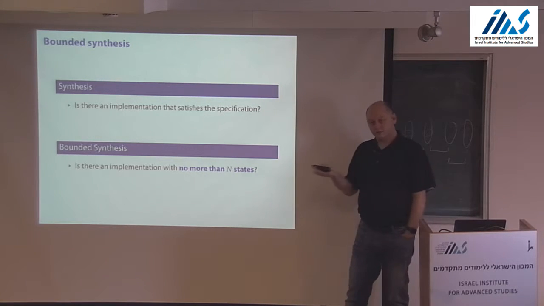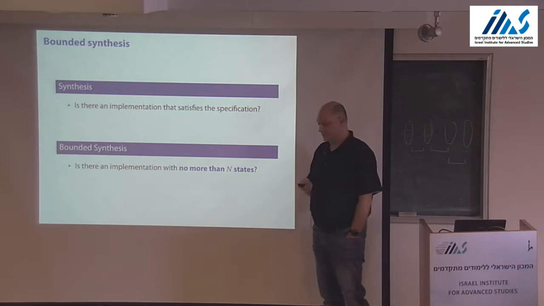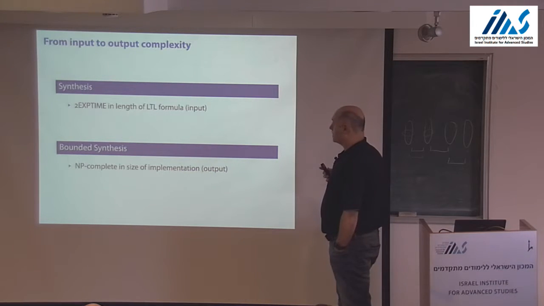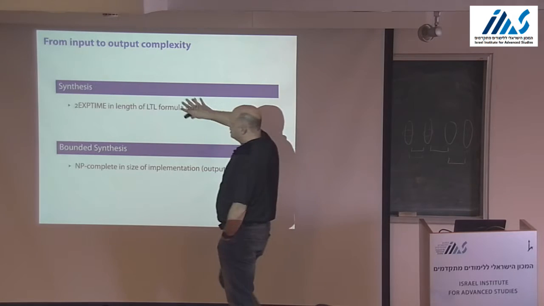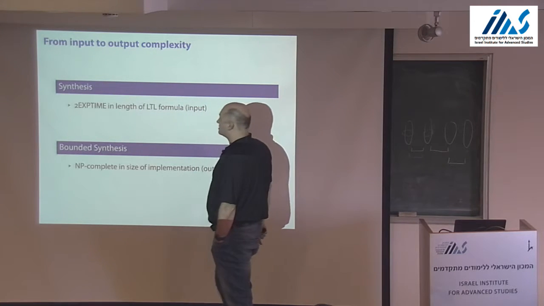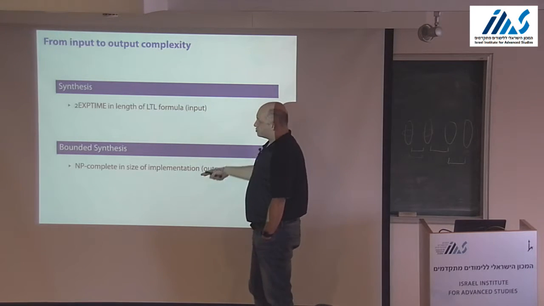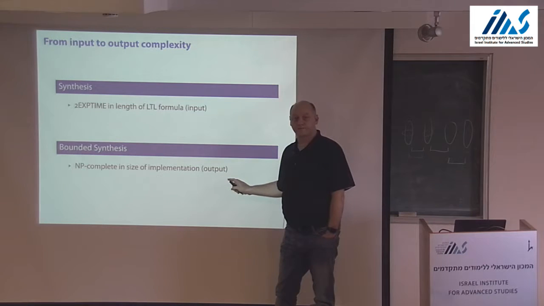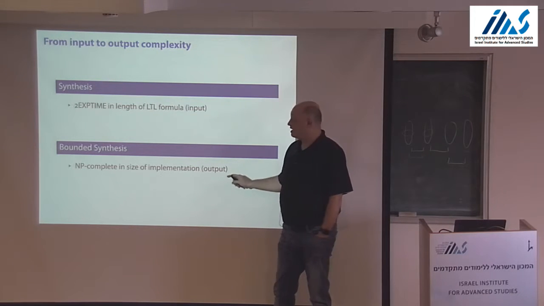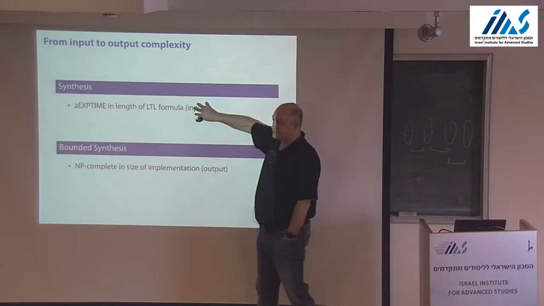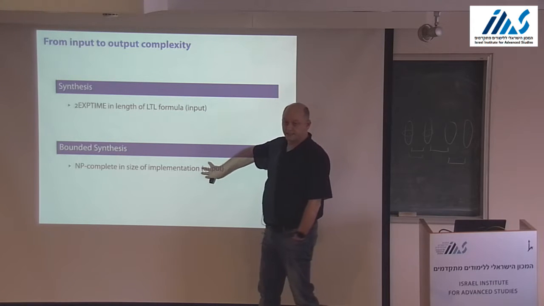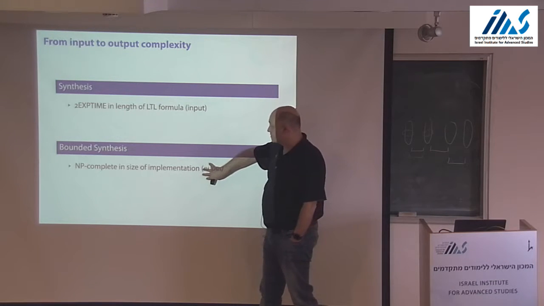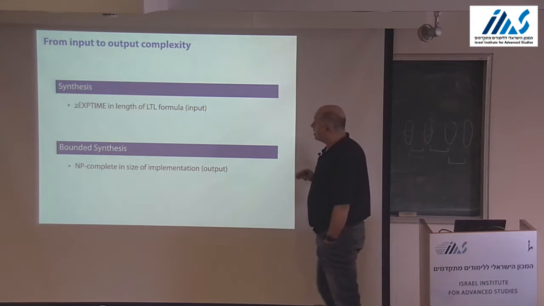But now we're sort of on level ground with verification. So what happens is that the doubly exponential synthesis problem turns into a NP-complete synthesis problem, with the difference, of course, being that this is in the length of the formula and this is in the bound on the size of the implementation.